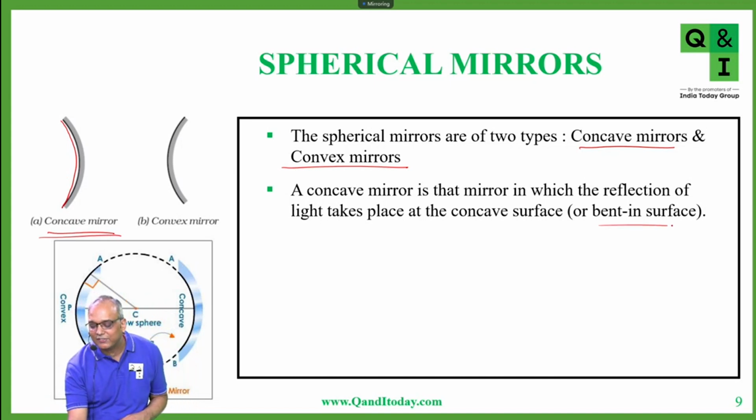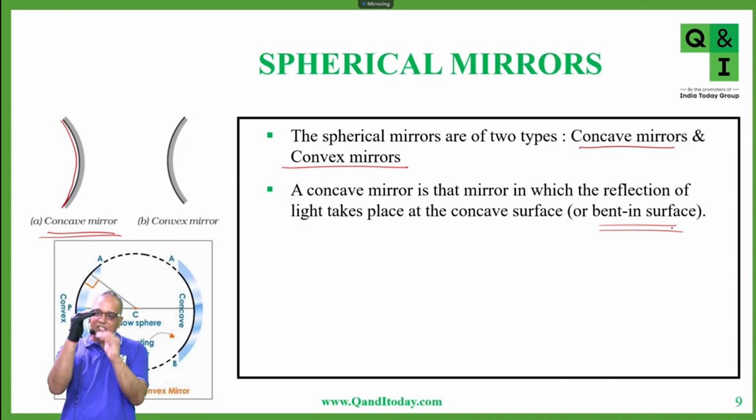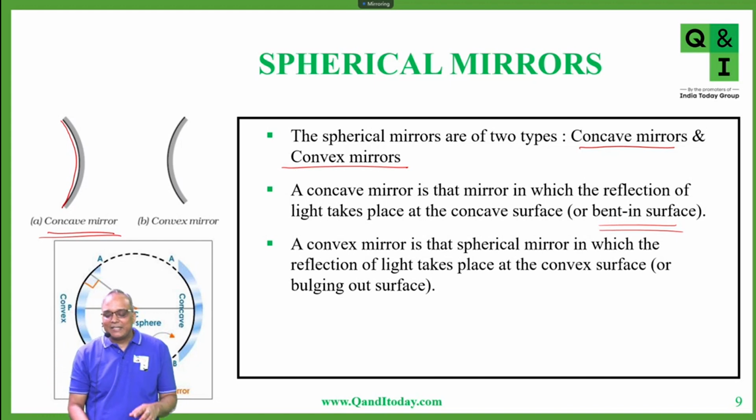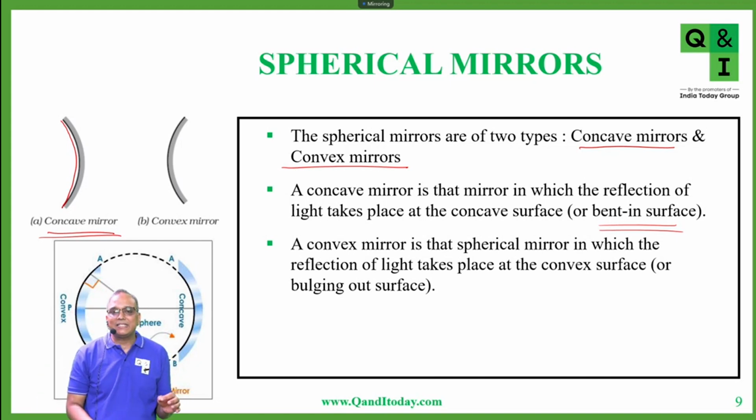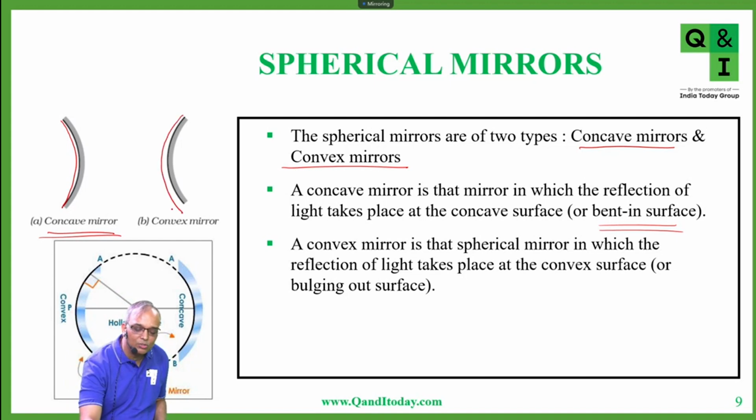So the concave surface is the bent in surface which is going inside. If you take a spoon, the side by which you eat is the bent in surface. That is one example of a concave mirror which you can relate to. A convex mirror is that spherical mirror in which the reflection of light takes place at the convex surface. So here the convex surface is the bulging out surface, right?